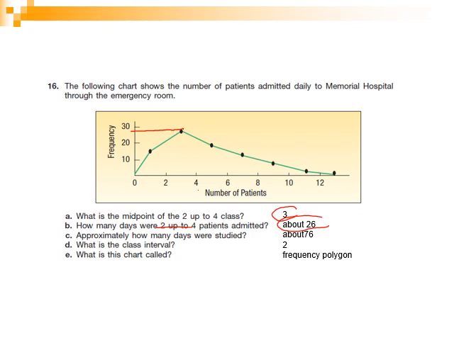So we add this value, maybe 15 or 16, plus 26, plus here maybe 20, here maybe 10, plus 8 plus 5 plus 0 plus 2, to get a sum of about 76.